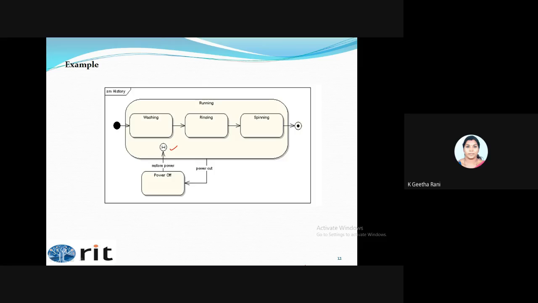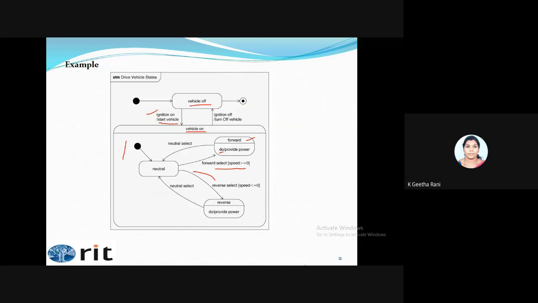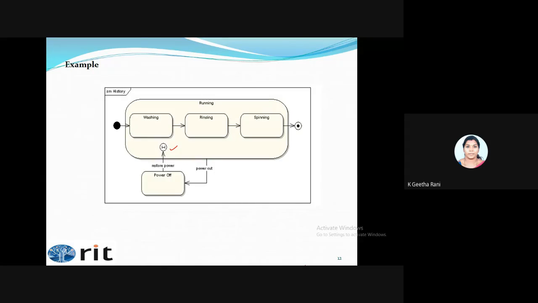So don't worry, at the end of maybe unit 3 we'll be seeing that. For now I'm taking different examples to tell the concept, how they are implementing this composite state, and using this history pseudostate. Hope it's clear.